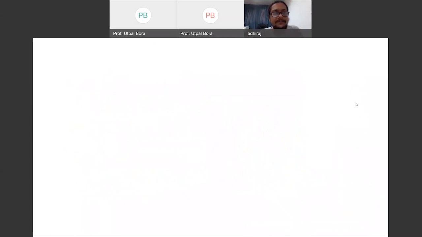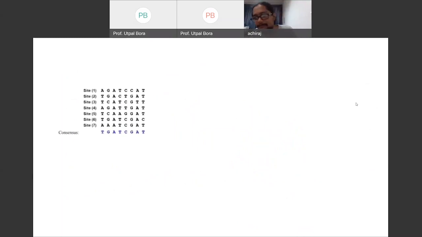So what is this PWM then? Trust me, this is the easiest thing to learn. This is the easiest slide that I'm going to explain here. Suppose you have seven interrelated sequences, which are the targets for some endonuclease. The length of this sequence is 8.